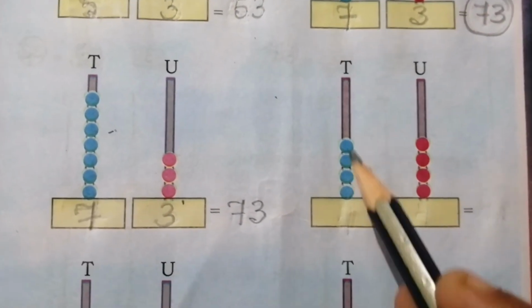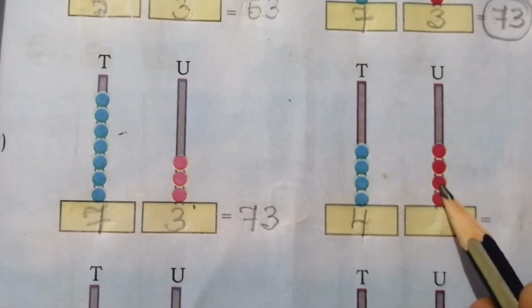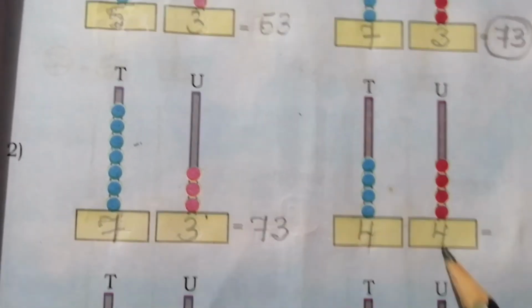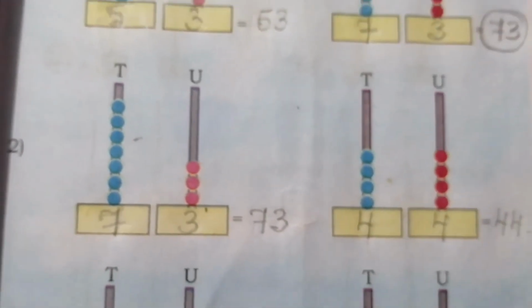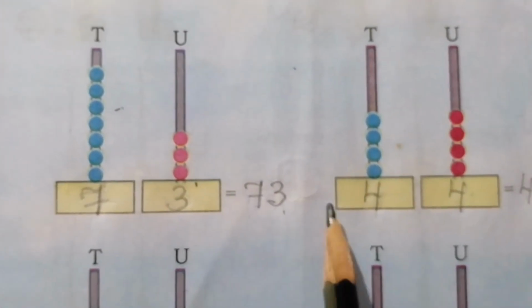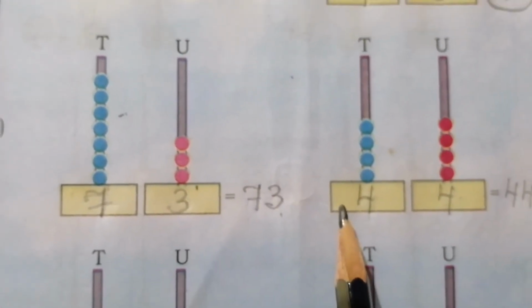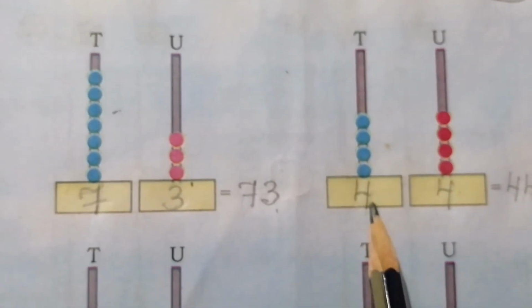1, 2, 3, 4. 4 beads in tens rod. 1, 2, 3, 4. 4 in units rod. 44. In the given two numbers, to find out the bigger number, first we have to compare the numbers in tens place.